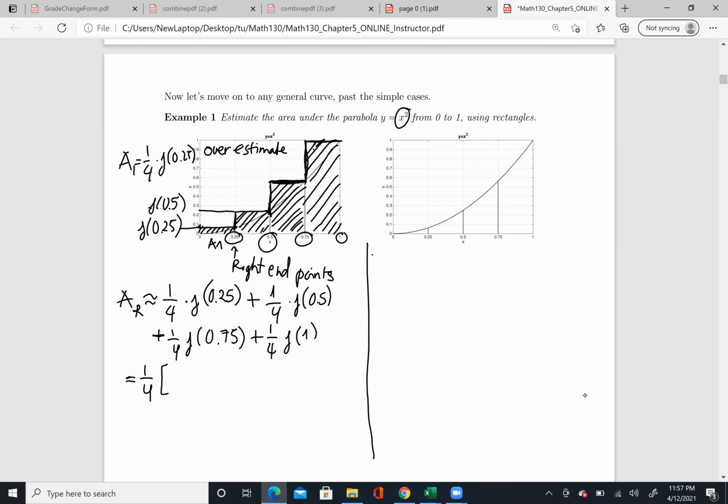Keep going with 0.5: I have another rectangle, also under the curve. And from 0.75 to 1, I have another rectangle.